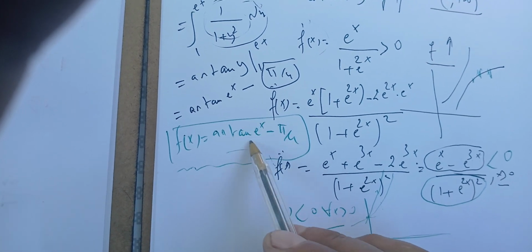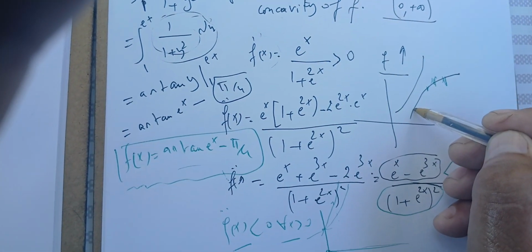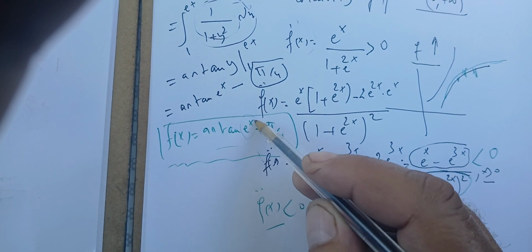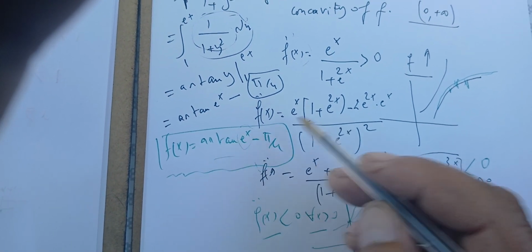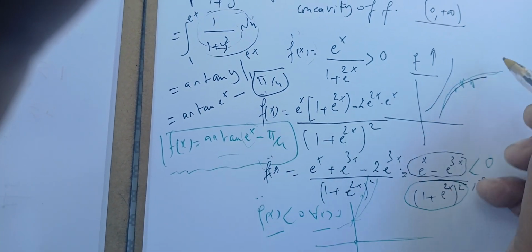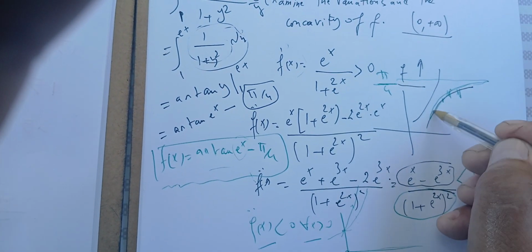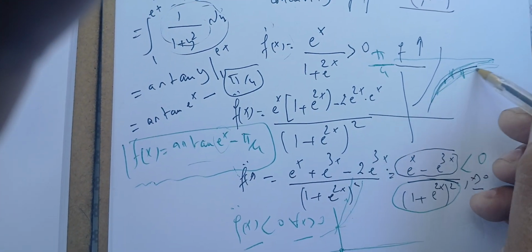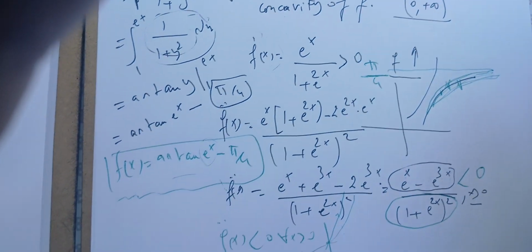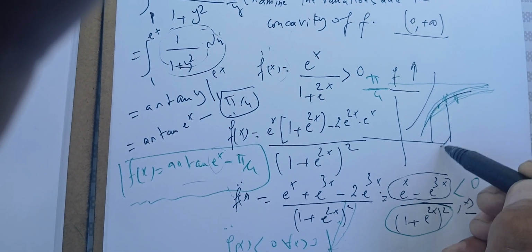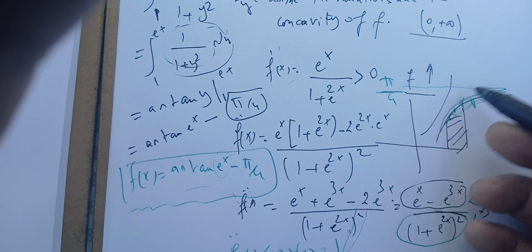As x goes to plus infinity, the exponential goes to plus infinity, and pi over 2 minus pi over 4 gives pi over 4. So this is going to be the limit value, and it's going to look something like this. So this is our function. And clearly from here, when we integrate we obtain more values, which is why the function is increasing.